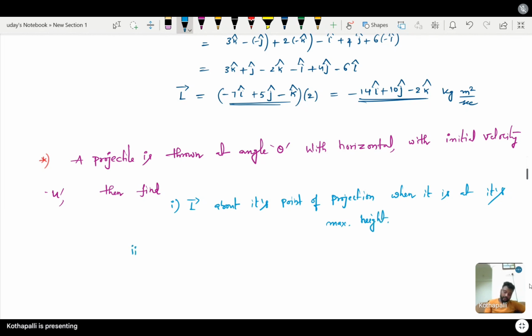Second question, find the angular momentum about the same point of projection when it is about to reach the ground.